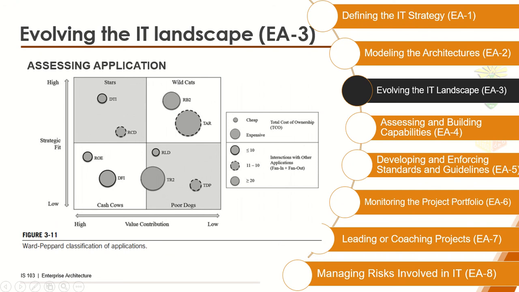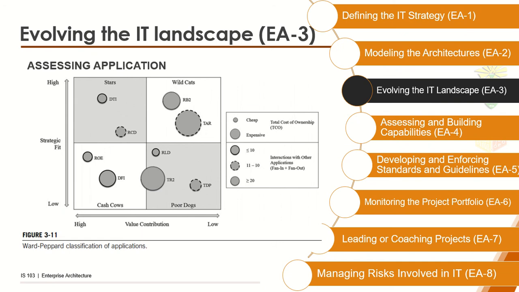So the first quadrant is the star. You can see the star there. All applications that belong to the star ensure the current and future business of the enterprise. They are already used in important business processes and primarily support innovative products or services.